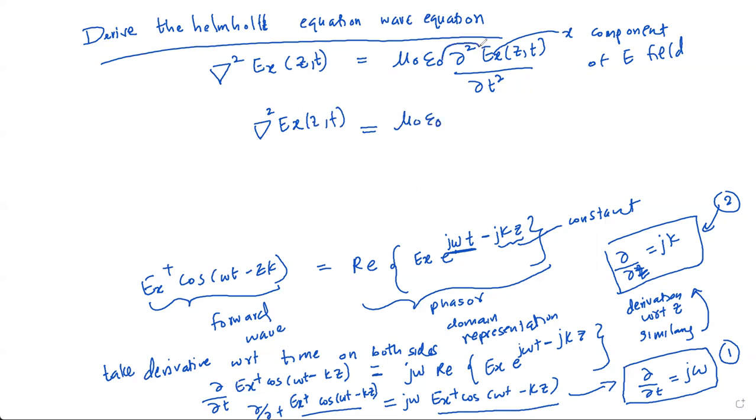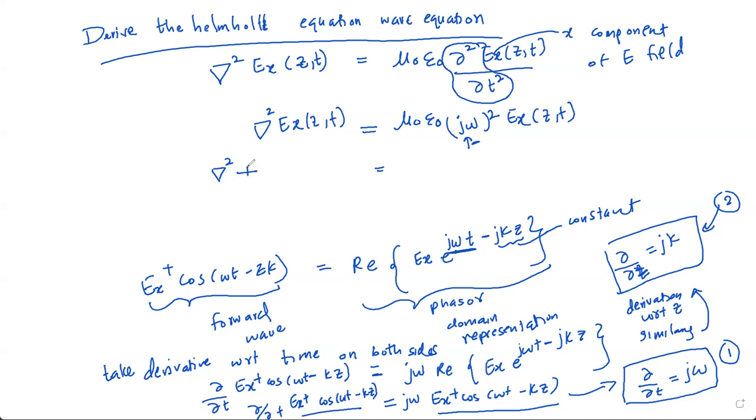Now instead of the second derivative with respect to t, we can substitute j omega squared, and we are left with Ex(z,t). So now we have Ex(z,t) on both sides. Because of that, we will take the Laplacian operation plus, since here we have the minus sign. j squared means minus.